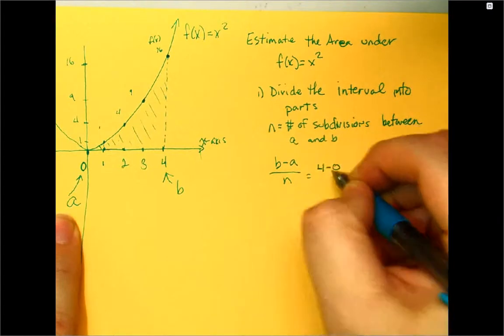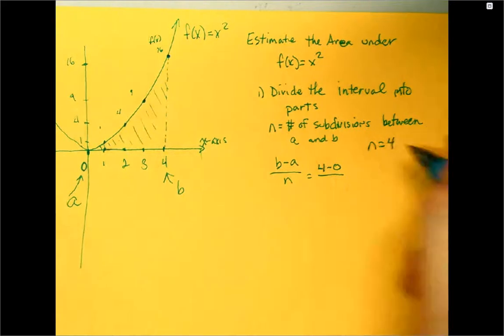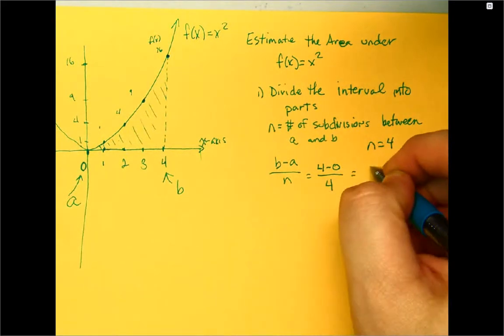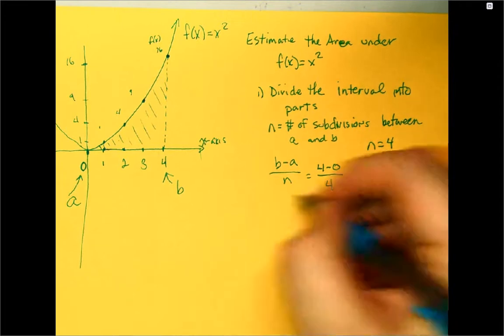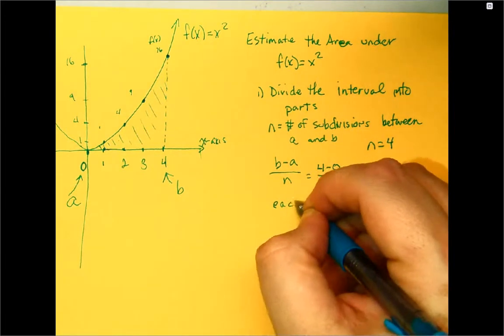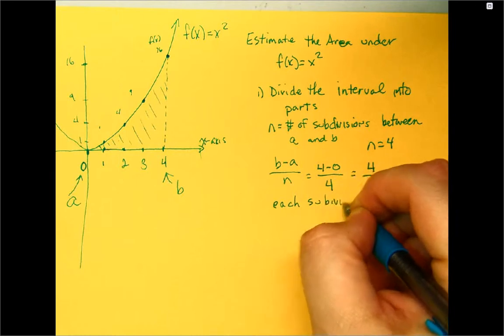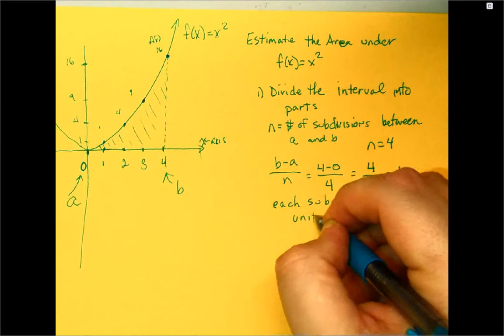And let's say I want n to be equal to 4. So I'm just going to cut this into 4 parts. So what's 4 over 4 in this case? 1. This tells me that each subdivision is 1 unit in length.